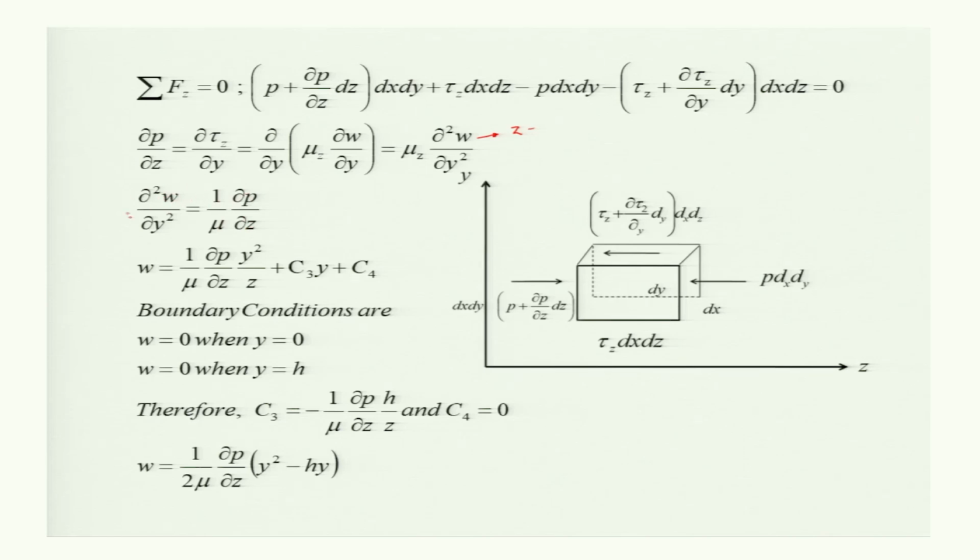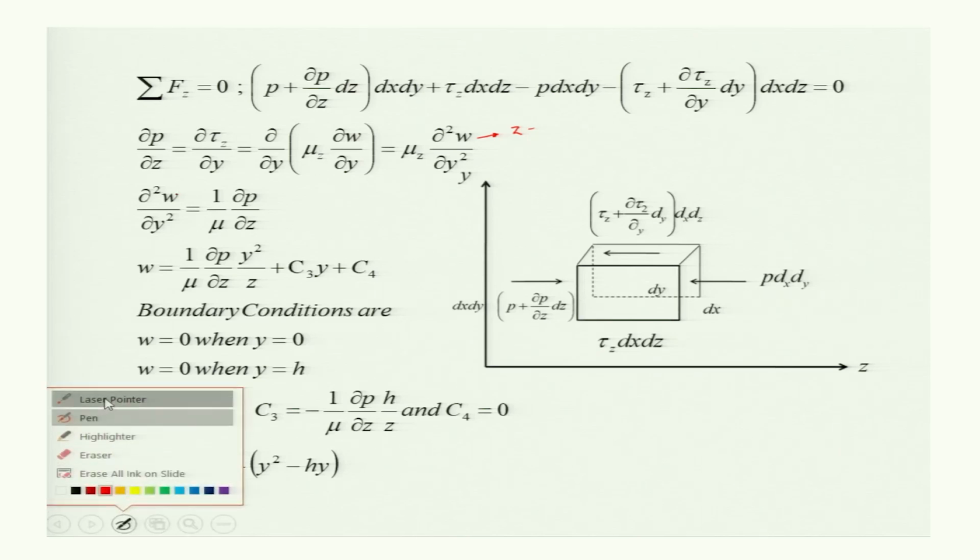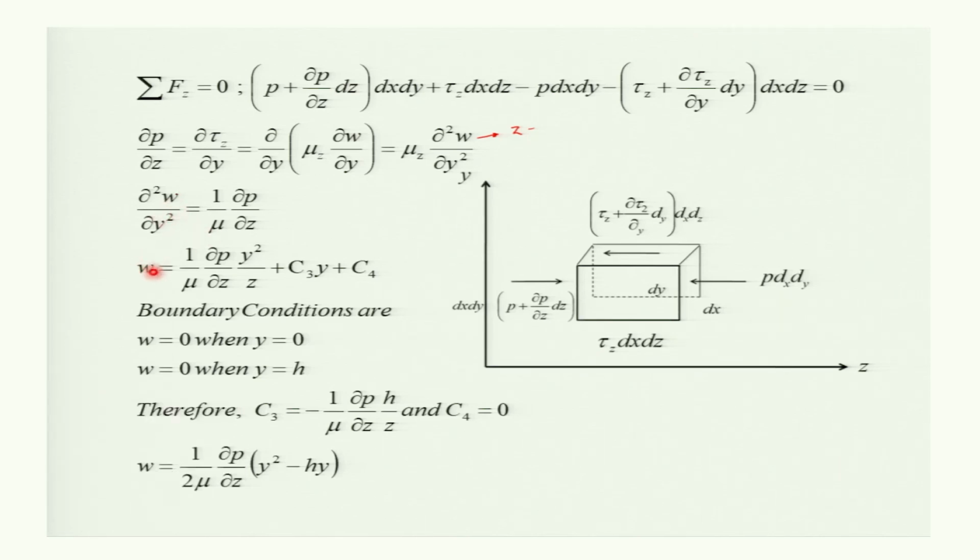Again, by integrating twice we get w, the velocity of fluid in the direction of z. We got w equal to 1 upon mu del p over del z times y square divided by 2, plus two constants of integration, and again we will apply the boundary conditions.